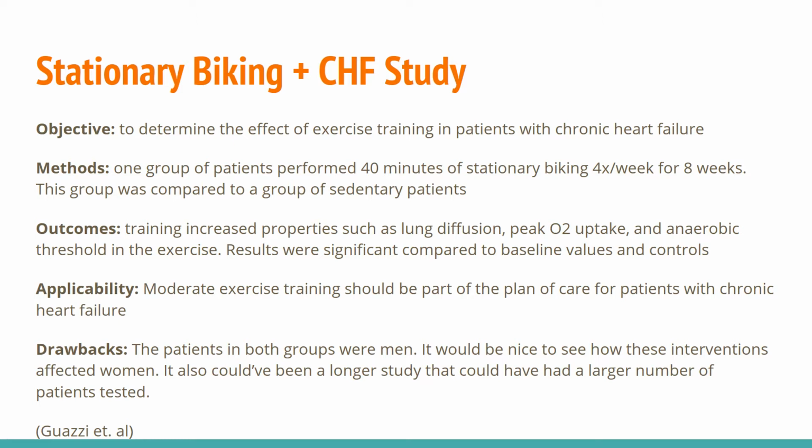The outcomes were that the training increased lots of values such as lung diffusion, peak oxygen uptake, and anaerobic threshold in the exercise group. The results for the exercise group were significant compared to baseline values and the control group. The applicability of this study just shows that moderate exercise training can definitely be part of our plan of care for patients with chronic heart failure.